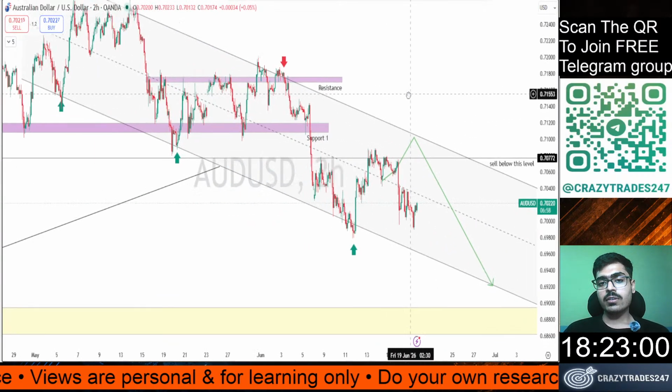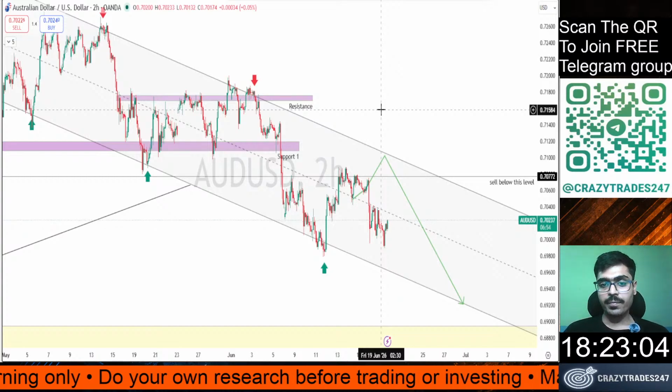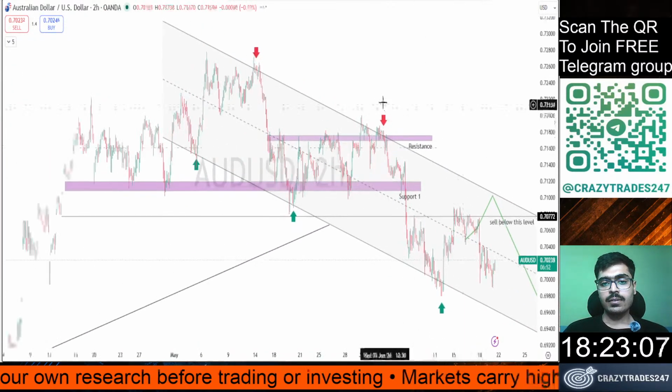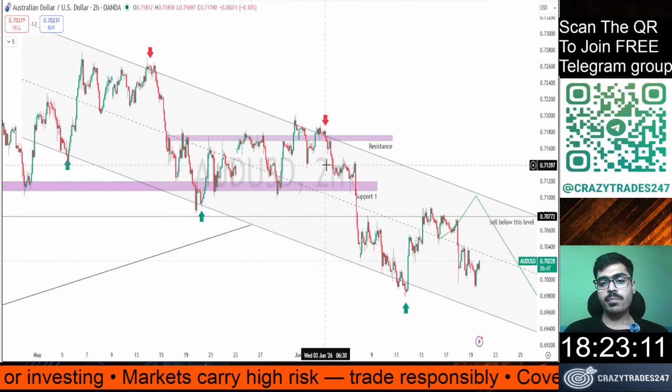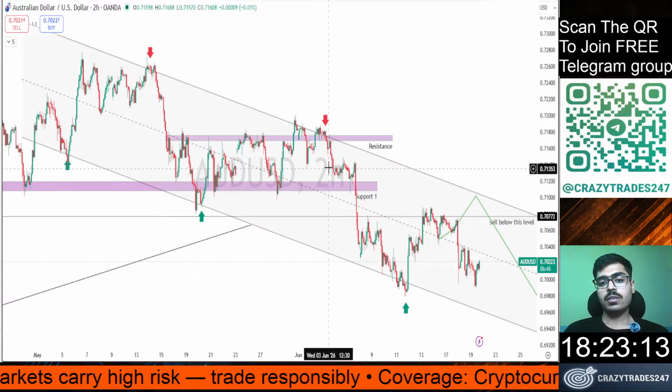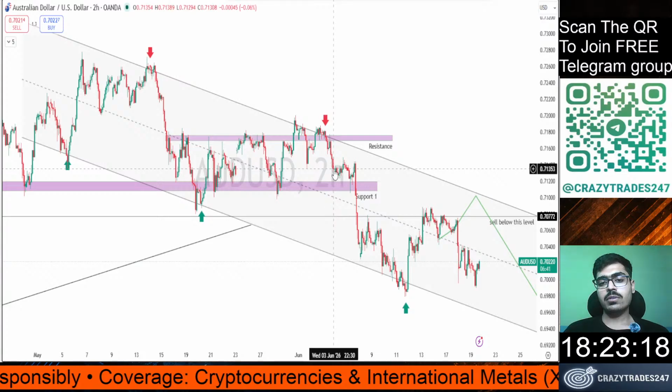Taking entry on a resistance in a downtrend is always a good idea. On this price structure, this was the perfect time to take a short entry below this.